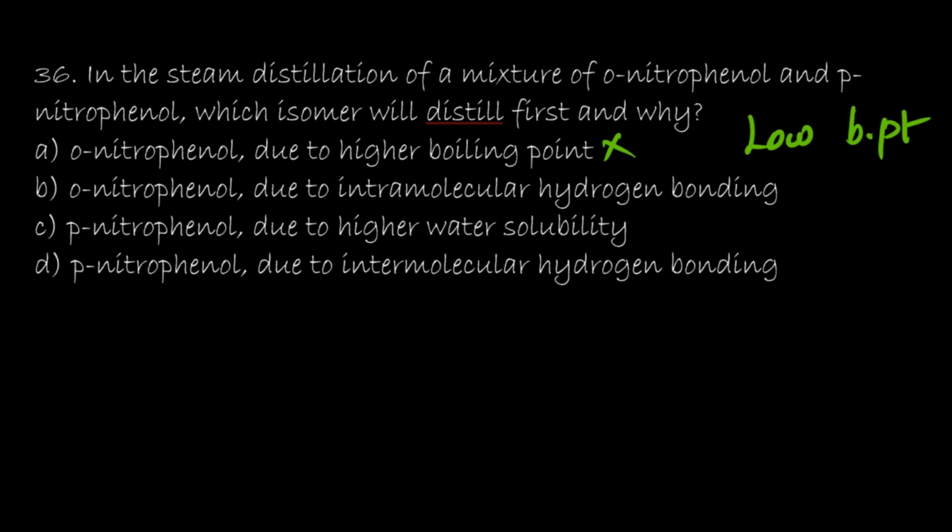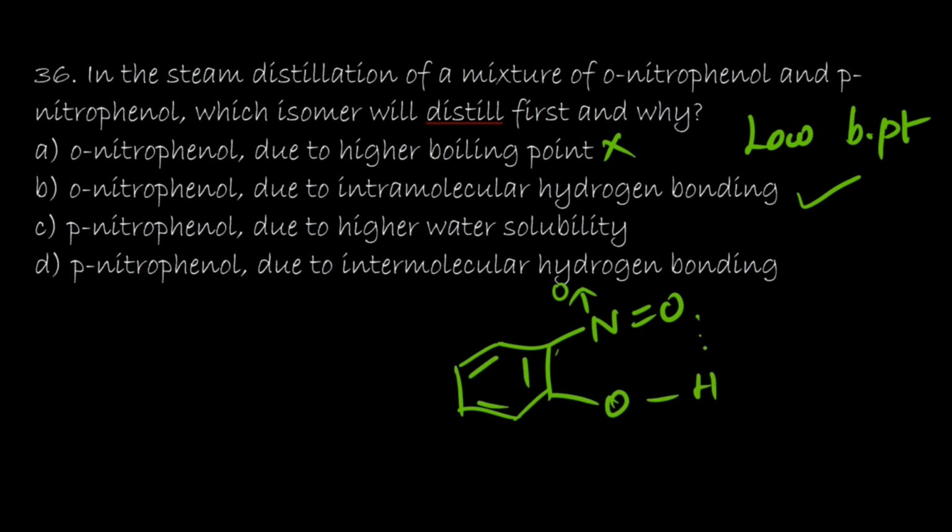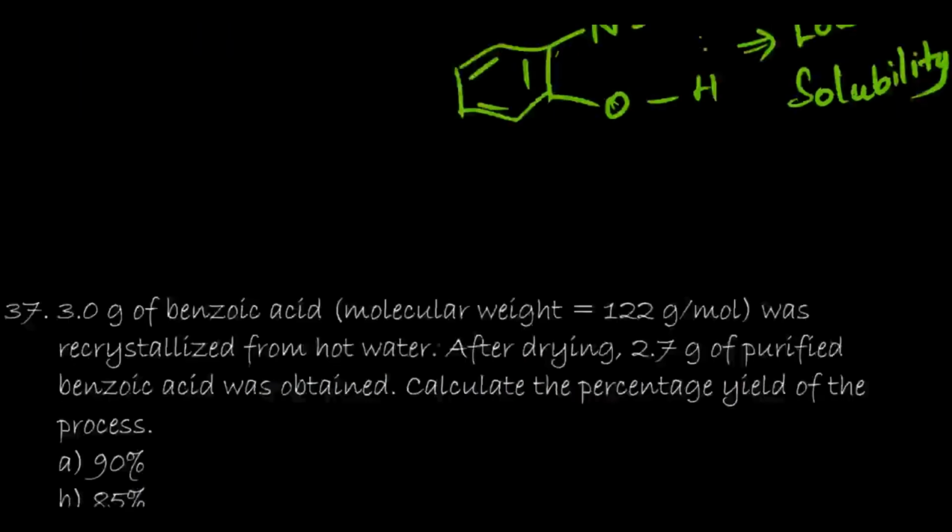Orthonitrophenol due to intramolecular hydrogen bonding can be our answer, because orthonitrophenol has a hydrogen bond which is intramolecular. But in paranitrophenol, intermolecular hydrogen bonding is formed. This lowers the solubility so that it can distill more easily. So option B is your right answer.